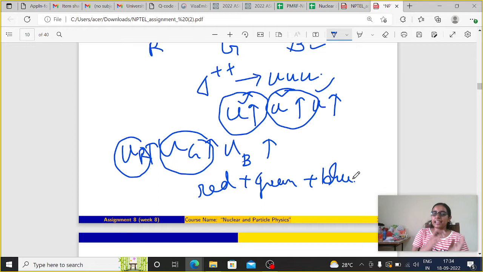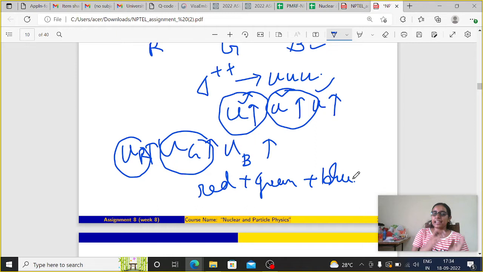But this color would be very problematic if the proton were a colored particle, because it would have a problem in the particle-level configuration. When we talk about proton or neutron as a particle, there is no mention of color.